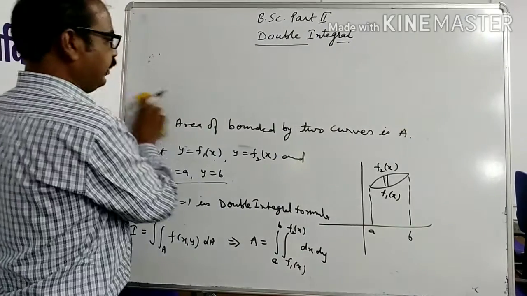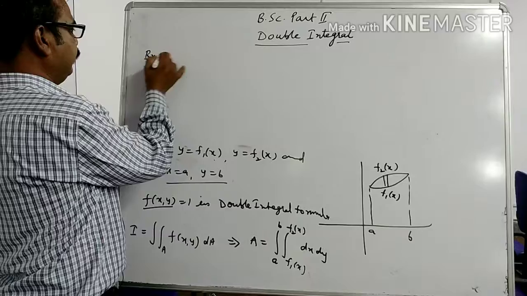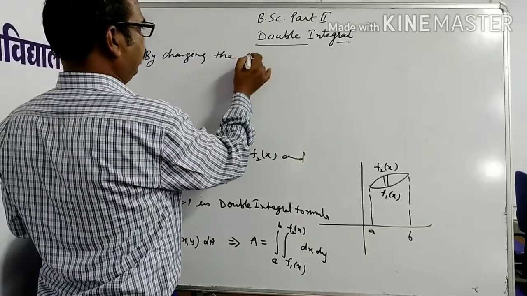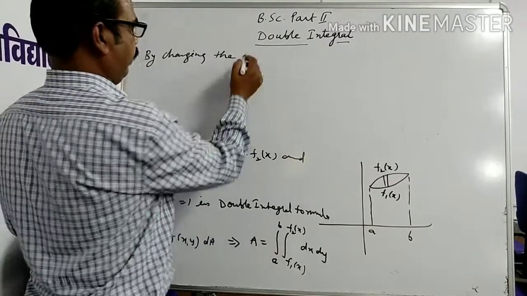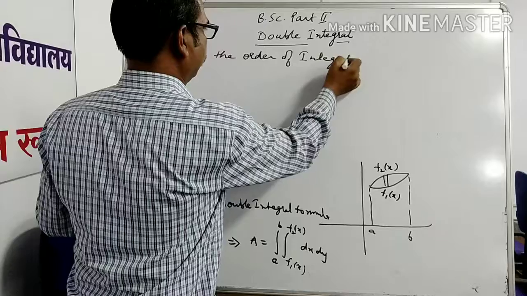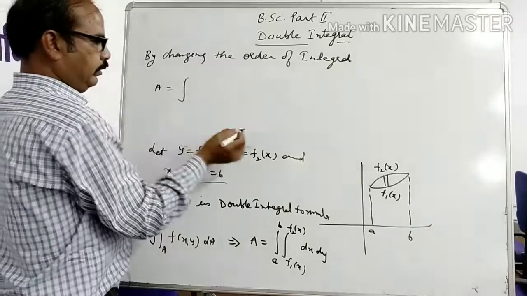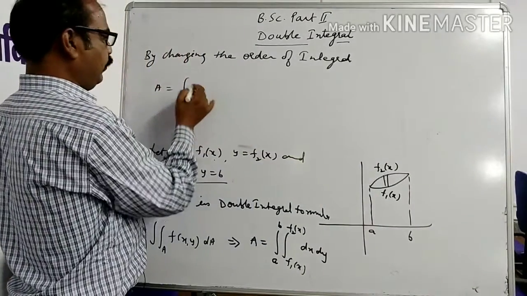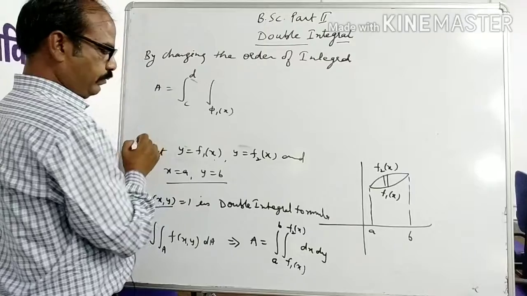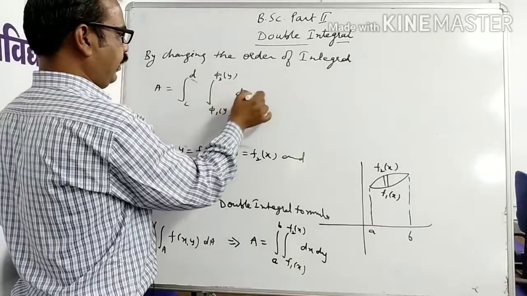And if we change the order of this integration, then the area by changing the order of integral will be A equals to, suppose the value of y is c to d and the curve in the form of y is phi1(y) to phi2(y), dy dx.